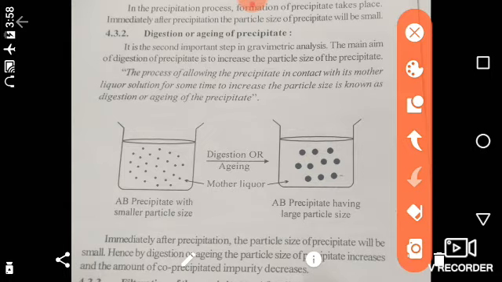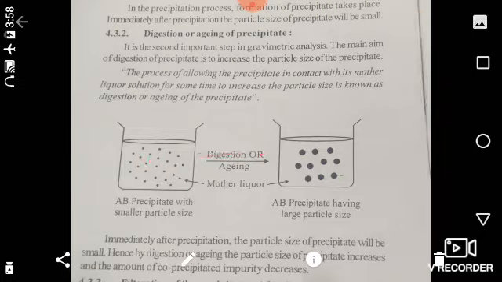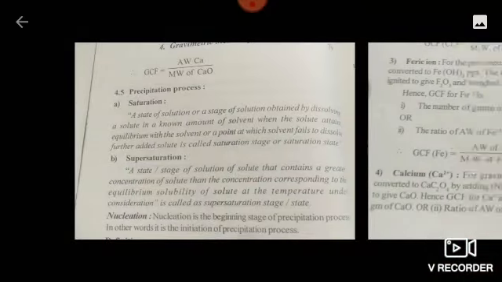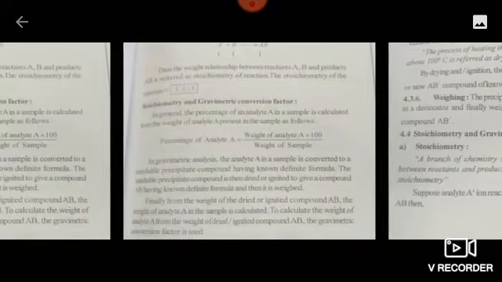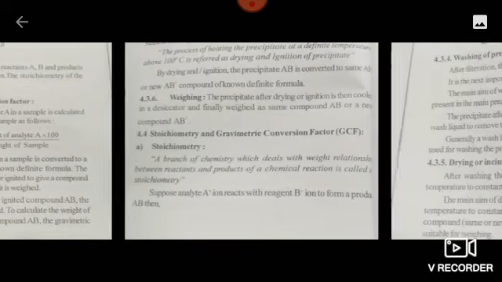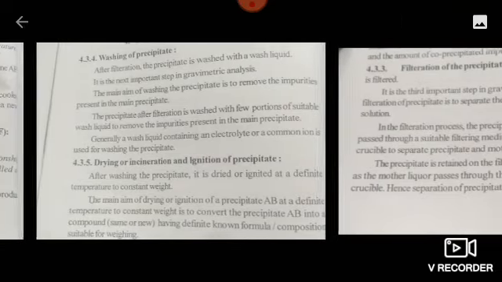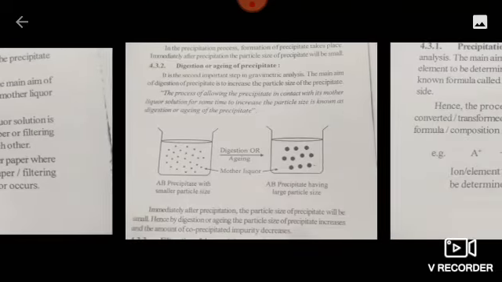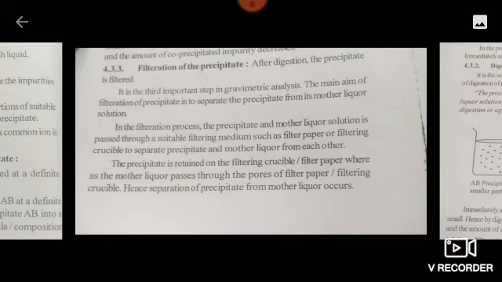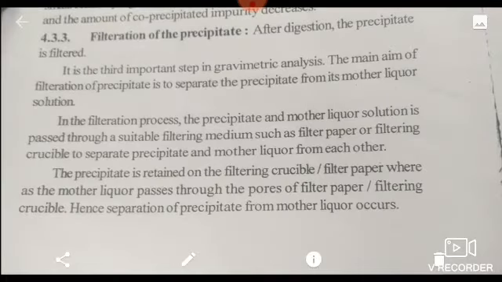Then the third step which is followed in the entire gravimetric analysis is the filtration of the precipitate.